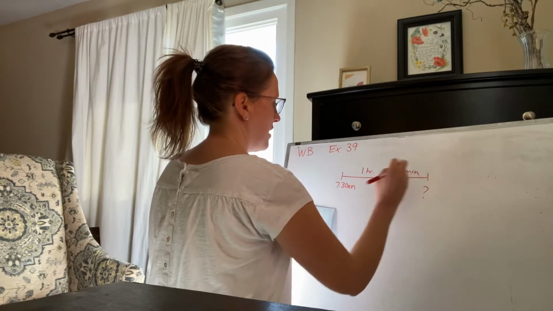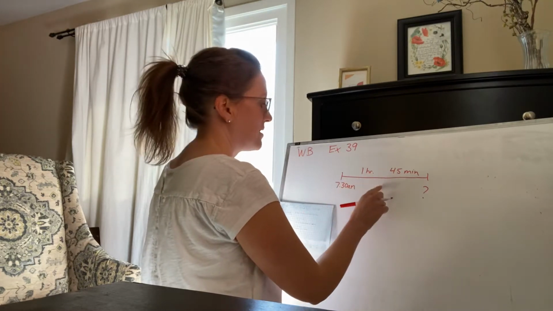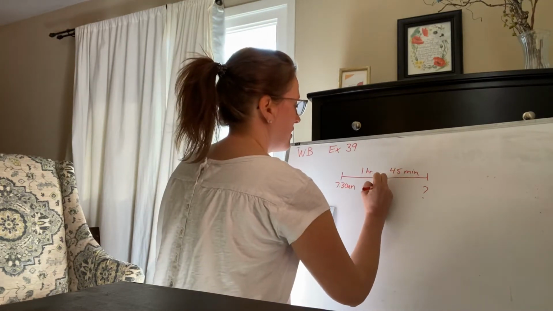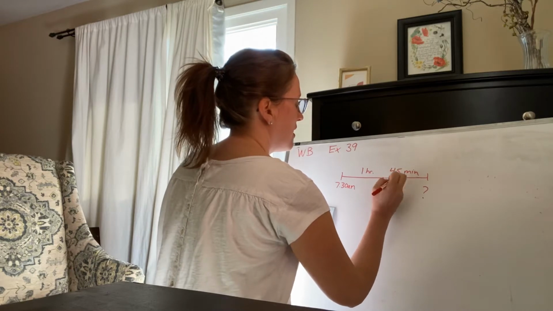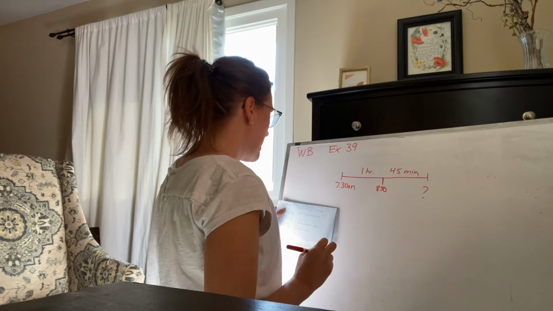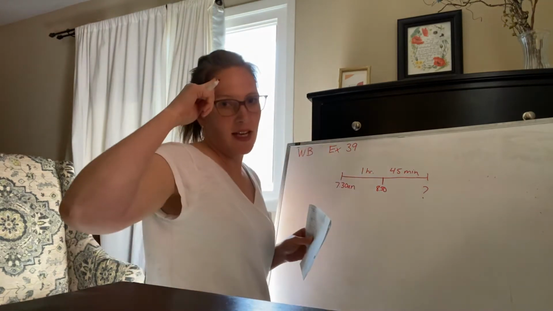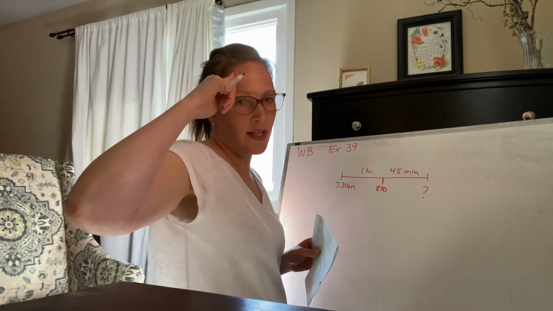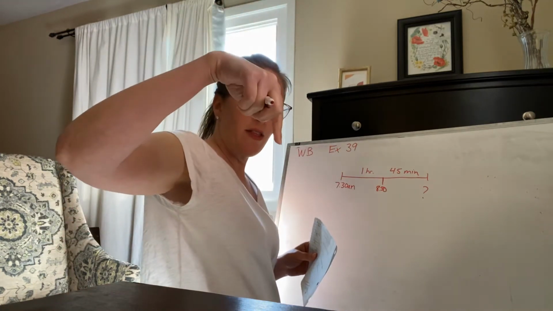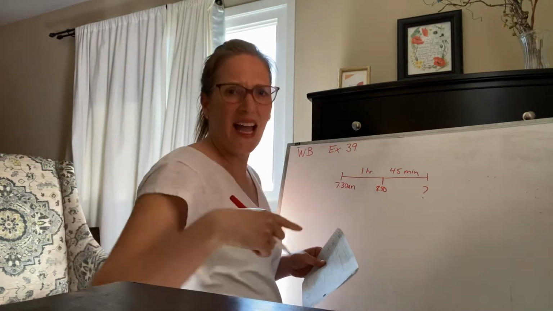Okay, so I know it was 1 hour and 45 minutes, so let's mark our hour. That's 8:30. And then what is 45 minutes after 8:30? Okay, let's start thinking about what a clock looks like. If you look at 8:30, the minute hand is right at the 6, correct? Let's get to the next hour, okay?